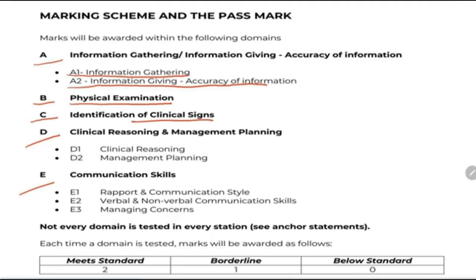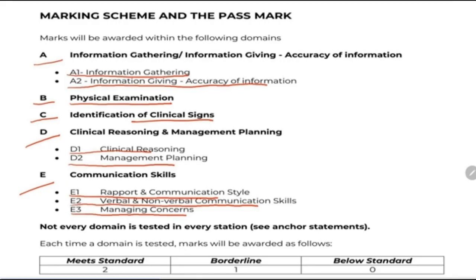D1 is about clinical reasoning, D2 is about management planning, E1 is rapport and communication style, E2 is verbal and non-verbal communication skills, and E3 is managing concerns.